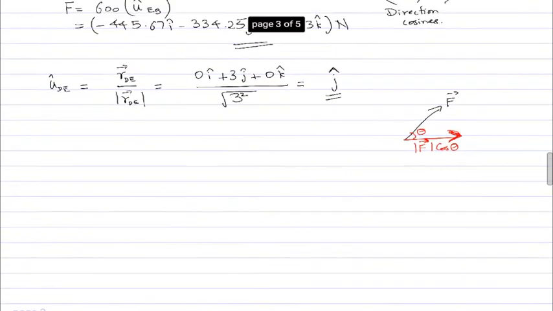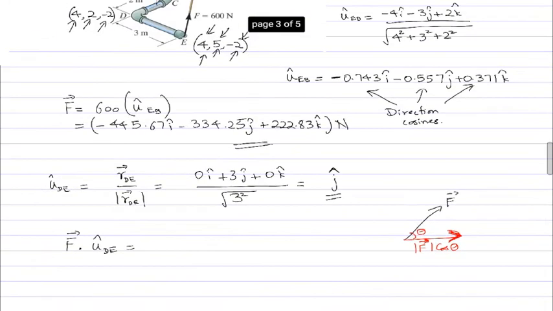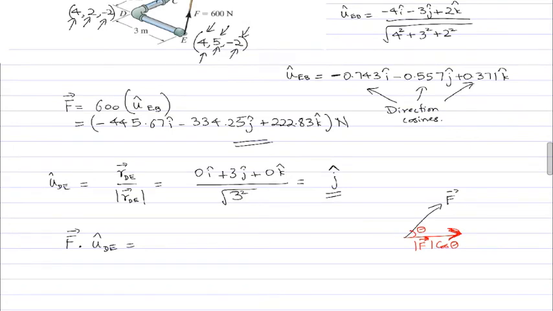To find the component of F along DE, we will just take the dot product of force F with the unit vector of DE. And when you do that, the dot product essentially is just multiplying the components, right? You multiply the x component, 445.67, by the x component of the unit vector, which is 0. So that turns out to be 0. The z component also turns out to be 0 because the unit vector's z component is 0.